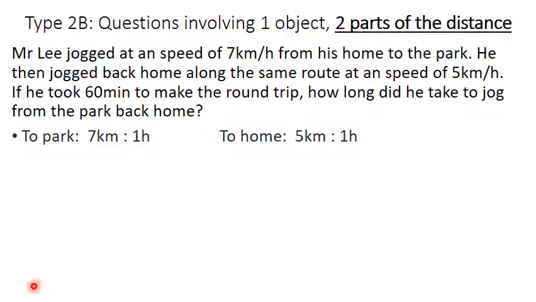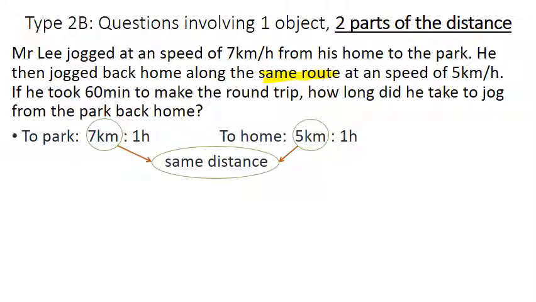So what this means is, let me change this to highlighter. Okay, so again, this is the same route. So what this means is, this is actually the same distance from park to home and home to park. So I need to make this 7 and the 5 to become the same distance. So how do I make 7 and 5 to become same distance? 7 times 5 and 5 times 7.